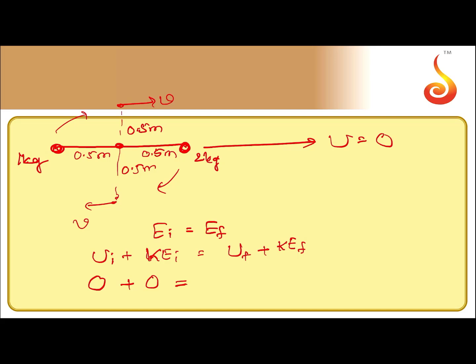The 2 kg block comes down and therefore there is a loss in its potential energy, minus 2 into g into 0.5. Observe what I am writing. There is a loss in its gravitational potential energy because it is coming down. The other is gaining potential energy.